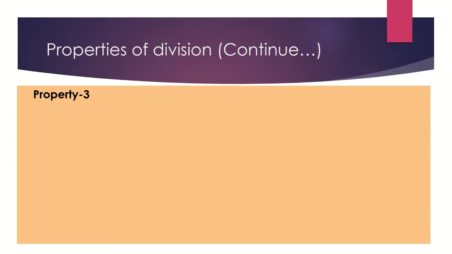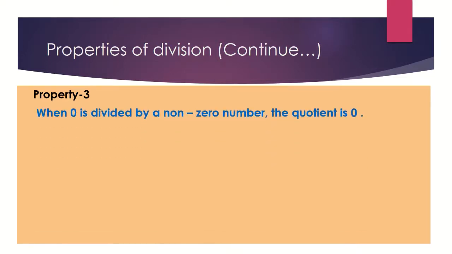Now property 3. When 0 is divided by a non-zero number, the quotient is 0. For example, 0 divided by 2 is equal to 0 and 0 divided by 4 is equal to 0.